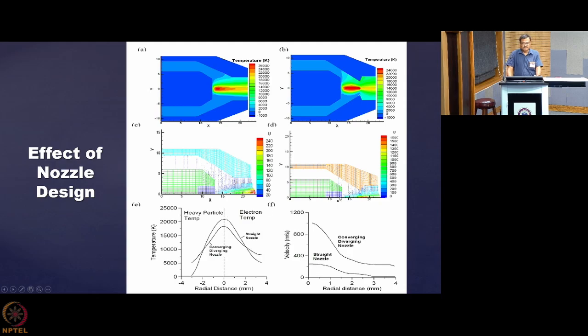This is how you can predict how a different design results in a different distribution, how the distribution will look, and whether it is favorable for the process you are going to do, or you need to change it some other way.